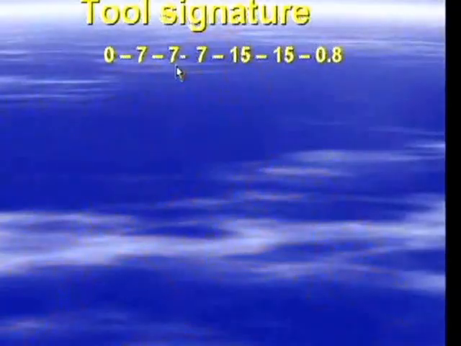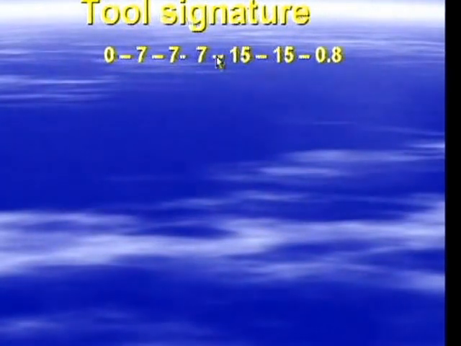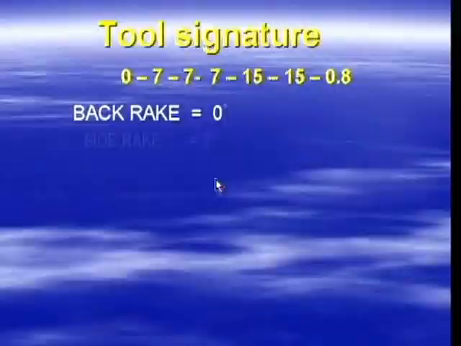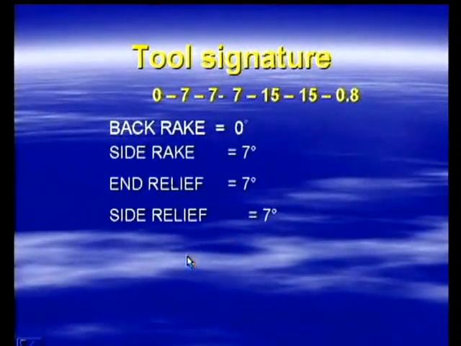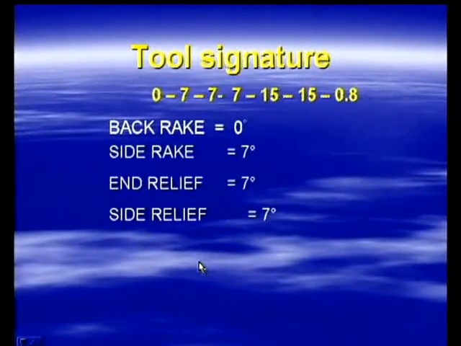When you write these 7 parameters in a particular fashion, like 0, 7, 7, 7, 15, 15, 0.8, all these values are given. First, 0 is the back rake, the side rake is 7 degrees, the end relief angle is 7 degrees, and the side relief angle is 7 degrees.